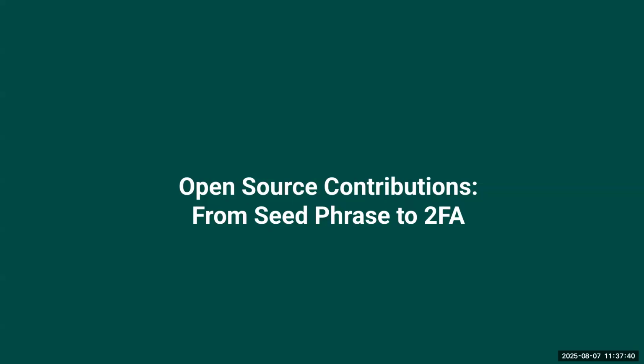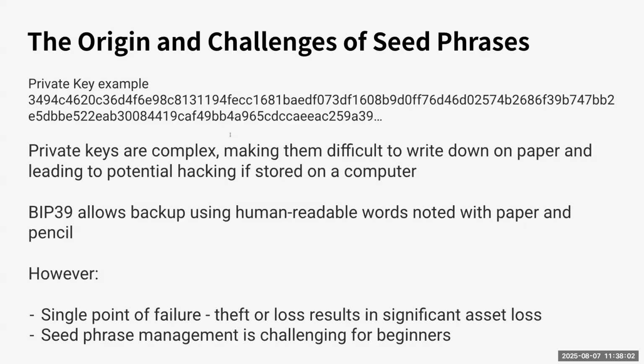So that's why we got feedback and we learned from it. The feedback was that we don't know how to deal with these 24 words. What do we do with it? Can we just save it in my note application, or why do we have to write it on paper? And it was causing lots of problems. One of the things is that it's a single point of failure.